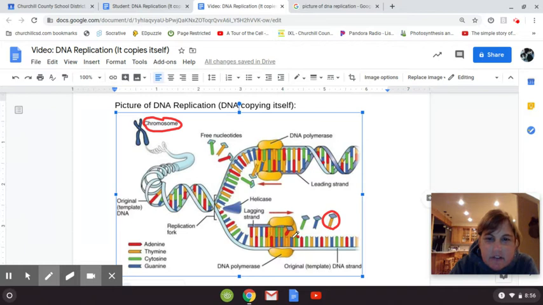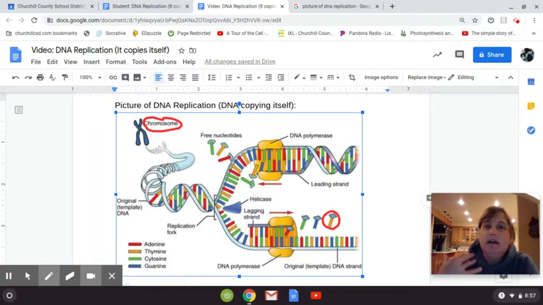And together, those are going to make one whole new DNA strand. And then up here, the same thing. This was your original. You got these new nucleotides lining up, matching up. So notice blue and green go together, yellow and red go together, blue and green. We got another blue and green. We got yellow and red right here about to match up. So this is how DNA copies itself.